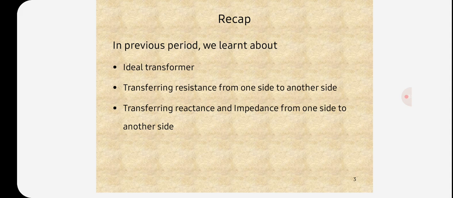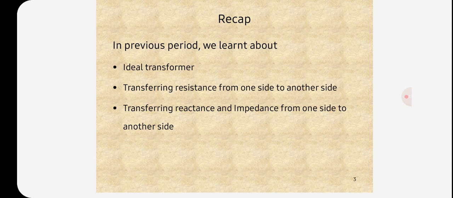The primary and secondary EMFs E1 and E2 are in phase with each other and lag behind the flux by 90 degrees. The magnitude of E1 is equal to V1 but is 180 degrees out of phase with it. So this is the ideal transformer, and transferring resistance from one side to another side.